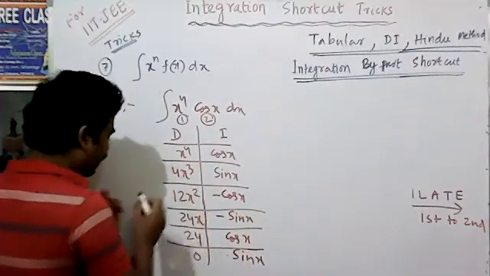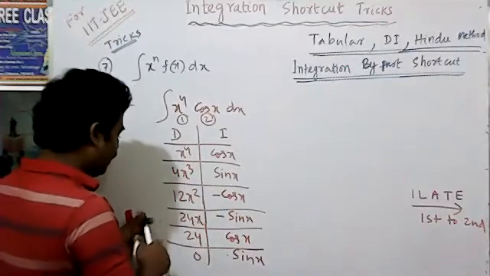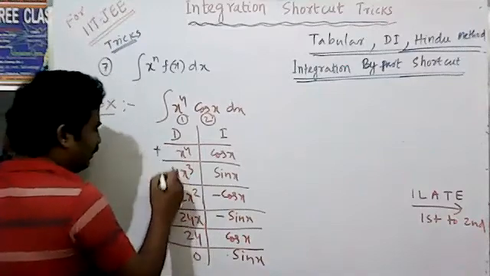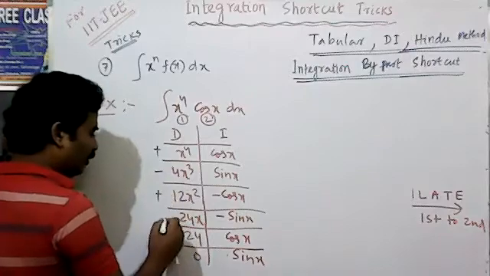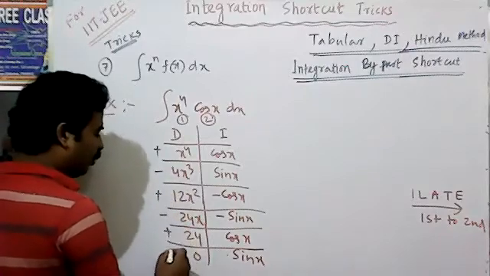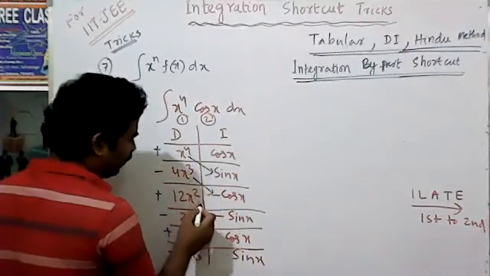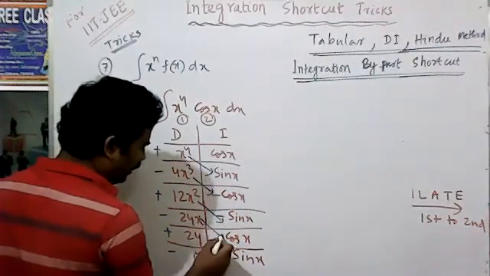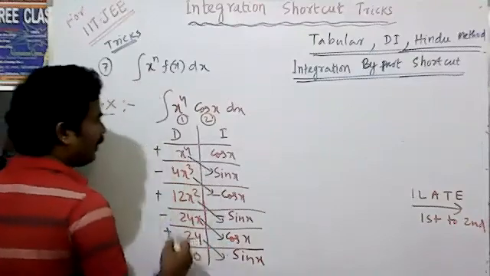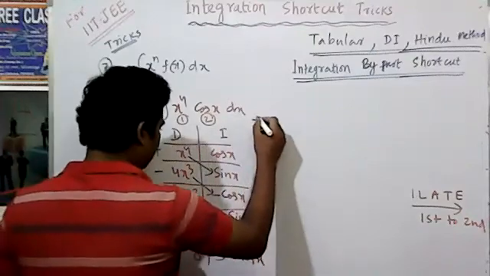So you have to arrange the values this way: plus, minus, plus, minus, plus, minus. This way the multiplication comes. This way you have to multiply, and the result comes.